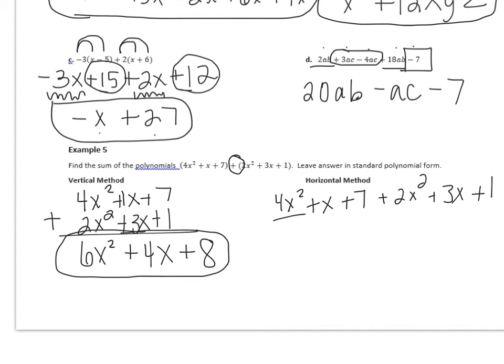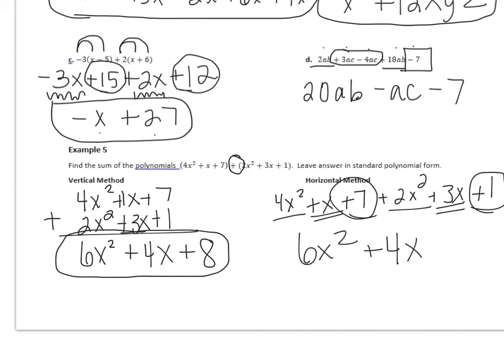You can underline them, the x squareds. You got 6x squareds. Maybe you'll do 2 lines under the next set of like terms. 1x plus 3x is positive 4x. And maybe circles around the constants, because those are grouped together. 7 plus 1 is 8. So whether you do it horizontally or vertically, you get the same answer.